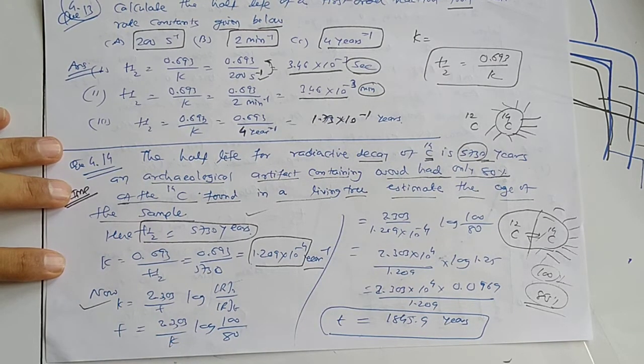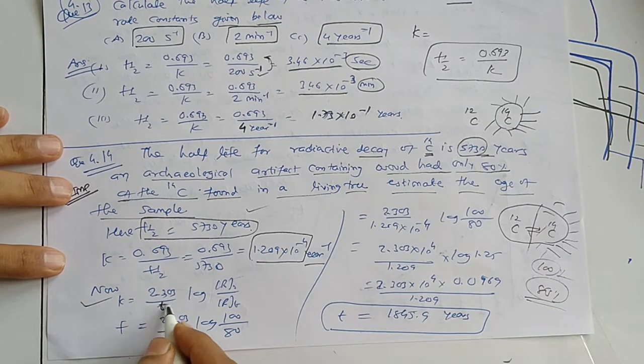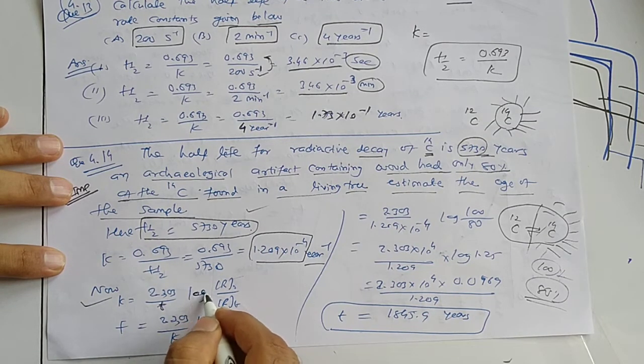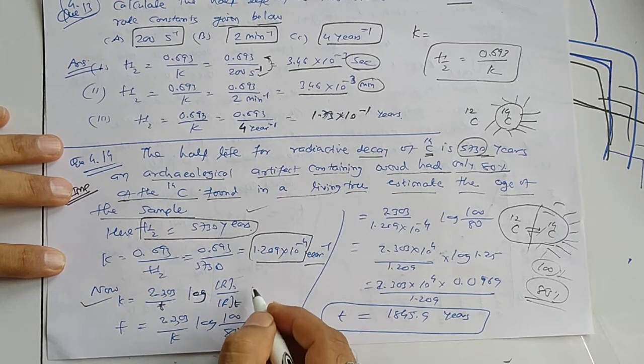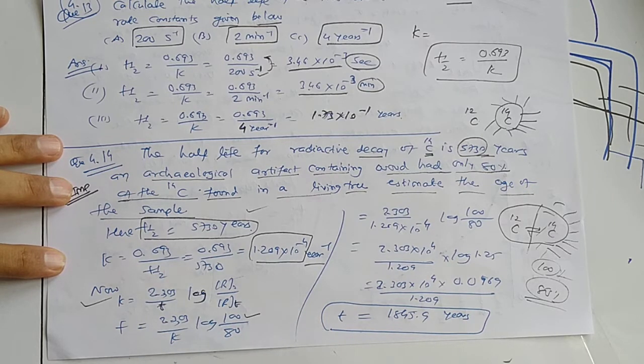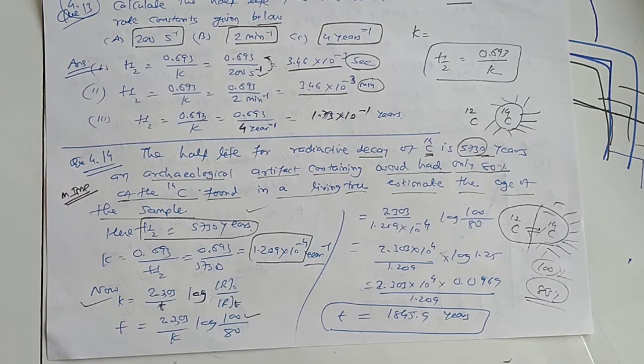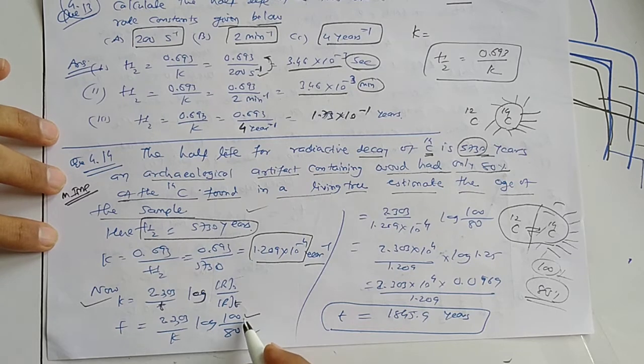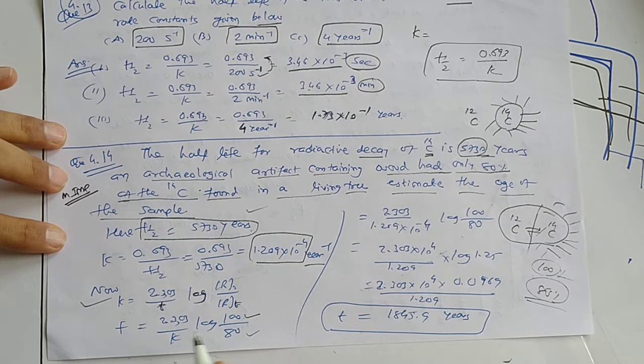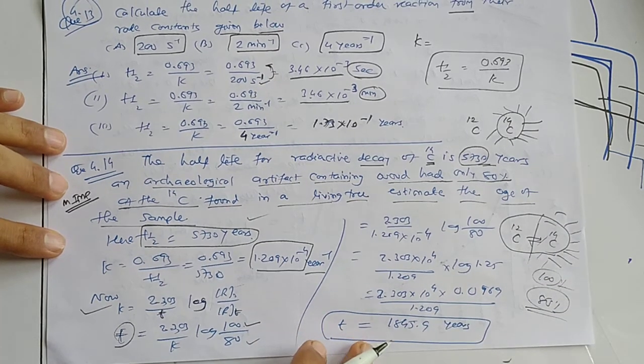Now put it in the rate equation: k = 2.303 upon t log [R]0/[R]. The initial concentration was 100%, so 100 is taken. Now in our sample, after the tree was cut down, the radioactivity that was 100% has become 80%. So final is 80, initial 100, 100 divided by 80. Here t we have to find, the age of that sample.